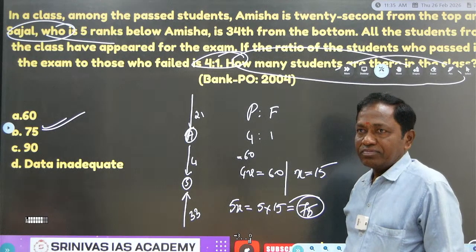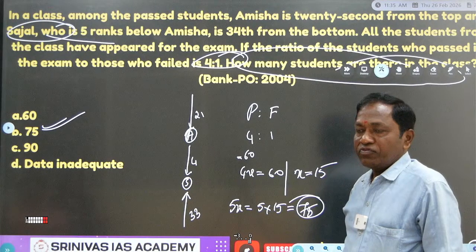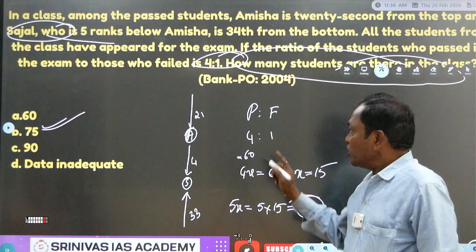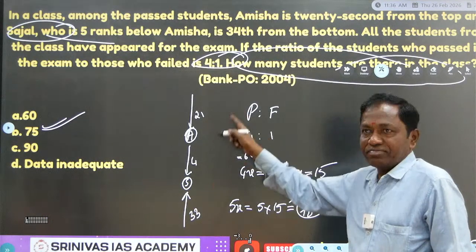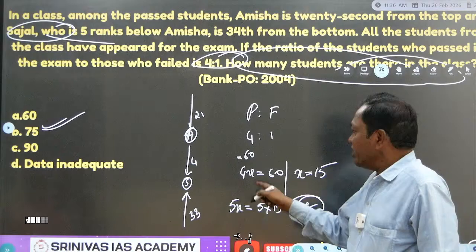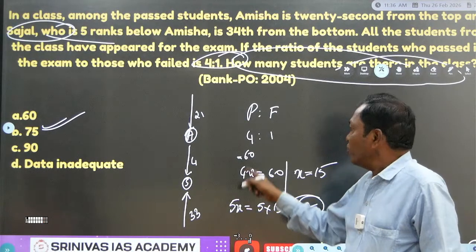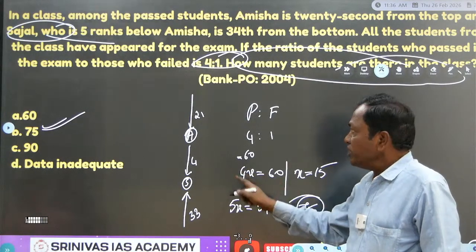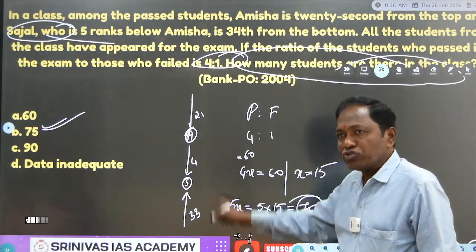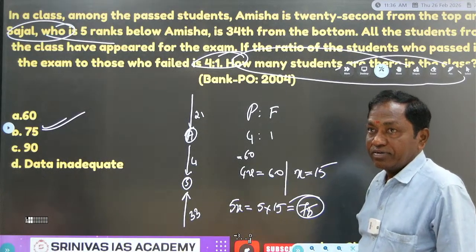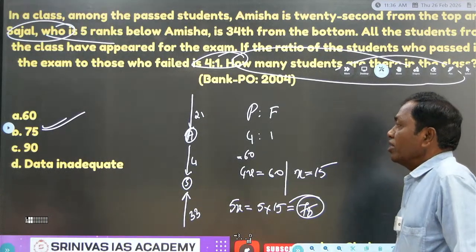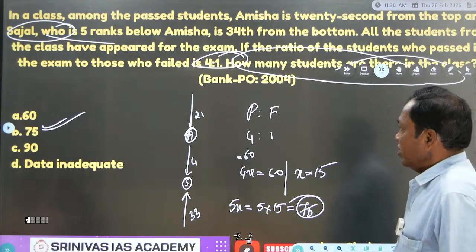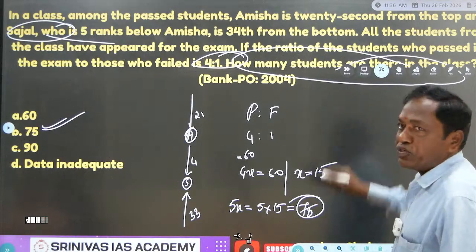We don't know how many failed. There are 4 ratios, and in numbers there are 60. You have to equate the left hand side value to the right hand side value. 4x equals 60. This information is related only to the students who passed. The question is, total how many students?